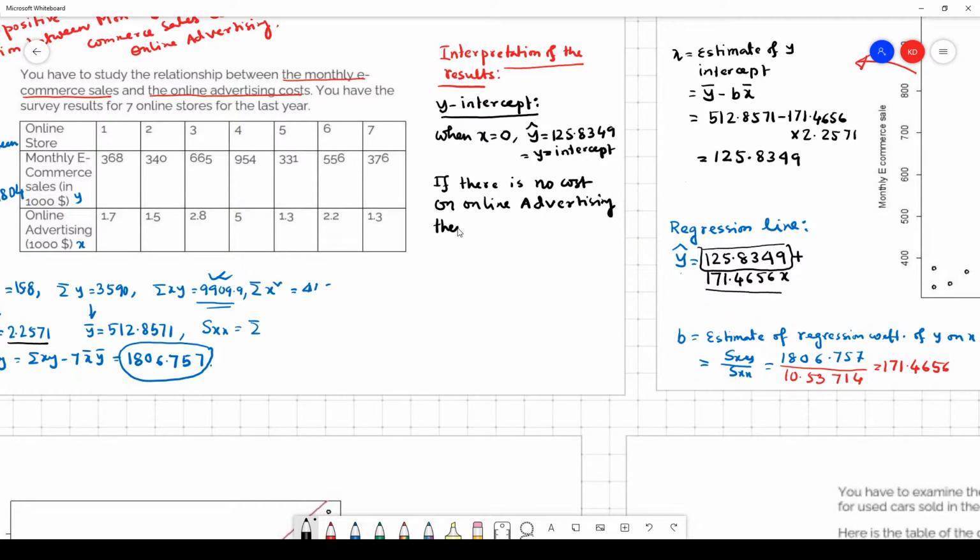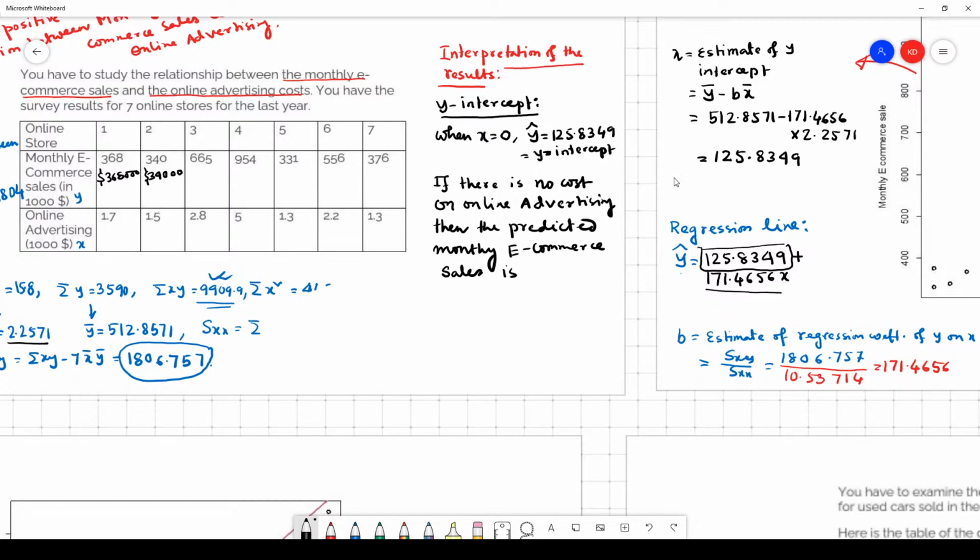then the predicted monthly e-commerce sales is, since the unit of measure is $1,000, 125.8349 into 1000, that means $125,834.90.